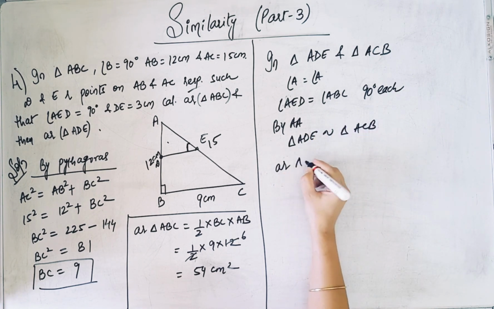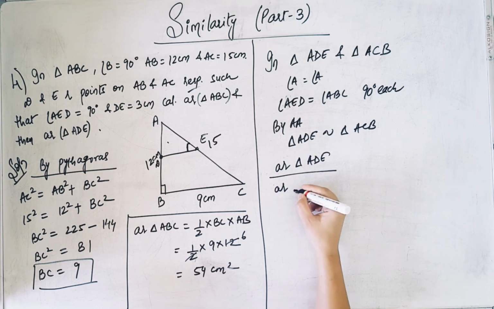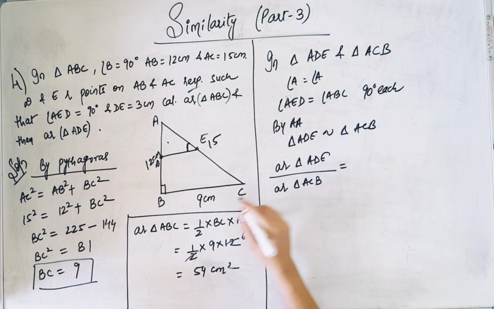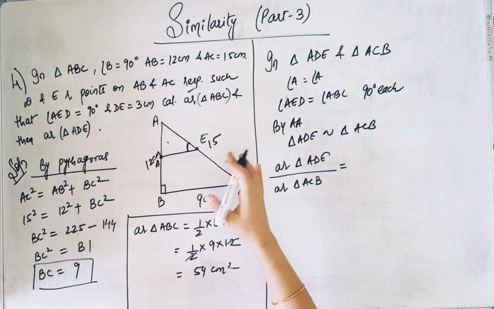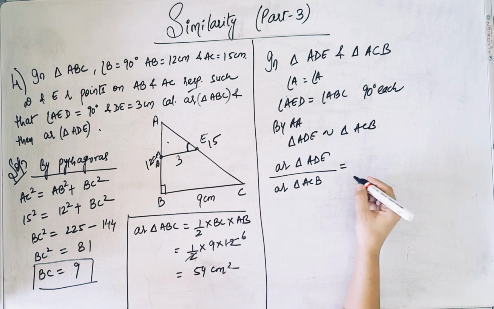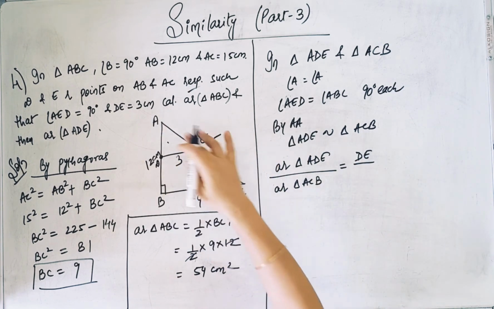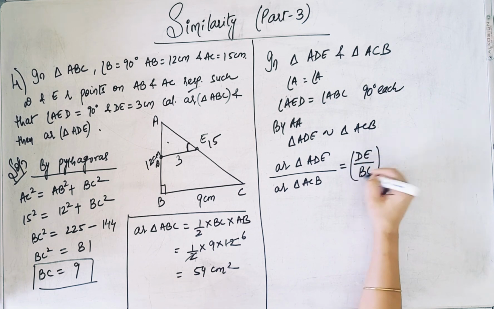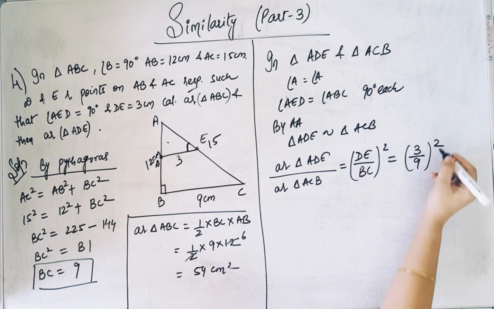So we can write area of triangle ADE. If triangles are similar, then the ratio of the areas of two similar triangles is equal to the square of the ratio of the corresponding sides. So we know DE over here, that is 3. We write DE for ADE and BC for ABC. DE by BC square, that is 3 by 9 square.